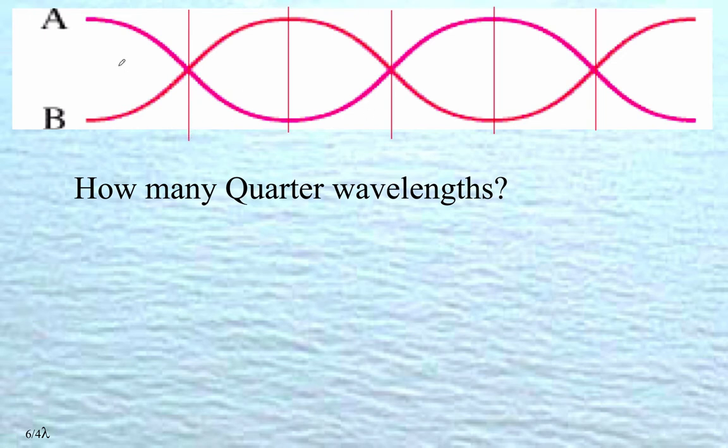So how many quarters do we got? 1, 2, 3, 4, 5, 6 quarters. So I would say that the length of this is 6 quarter wavelengths. So it's actually longer than a wavelength, because remember, a wavelength is just from here to here. 2 footballs is a wavelength. Hopefully that's the preliminary skill we need to have.